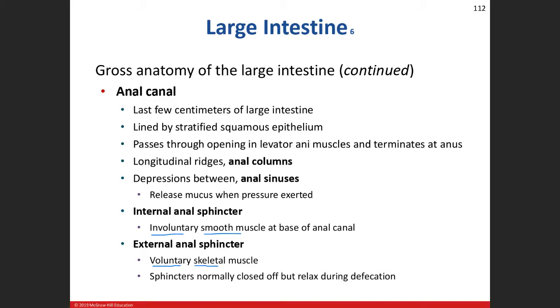So when you are trying to get rid of the feces, the external anal sphincter is the sphincter that you learn to control during toilet training or potty training, whatever your family calls it, when you're a child. Both of these valves are usually going to be closed except during the period of time when you're defecating.